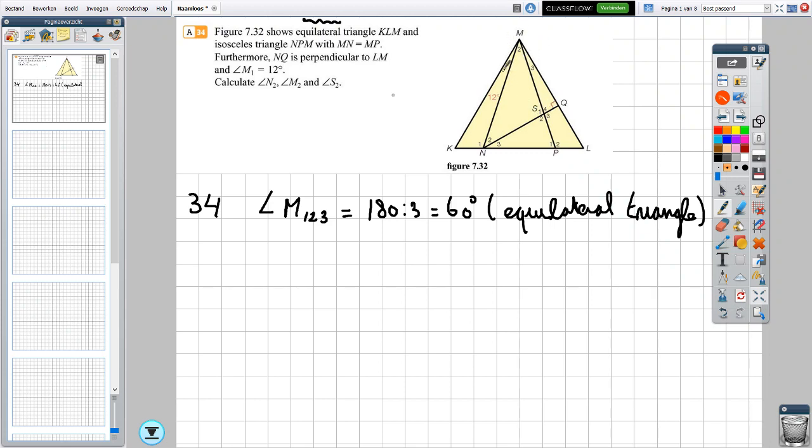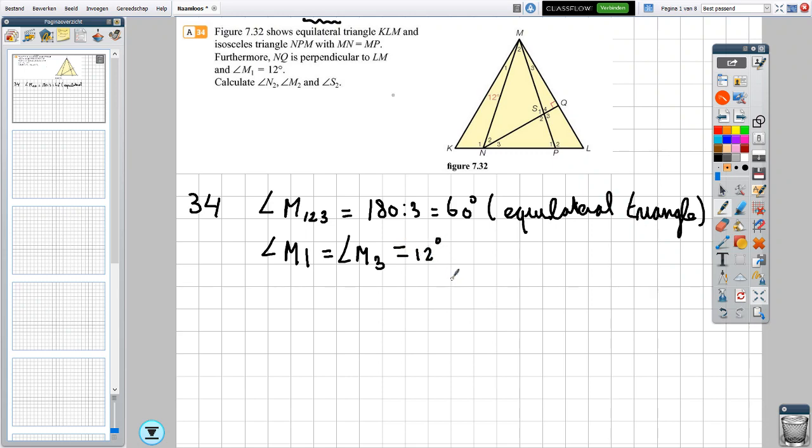But you see this is all quite symmetrical, right? In this situation, because this is the vertex angle and it's going to be symmetrical inside of KLM, we know that angle M1 is going to be equal to angle M3, which is going to be 12 degrees.